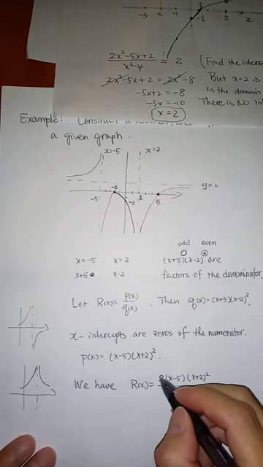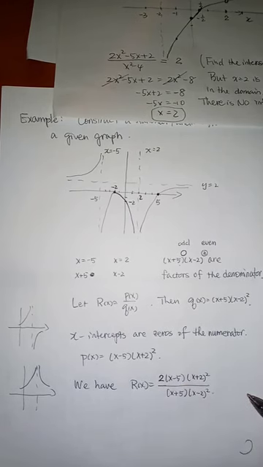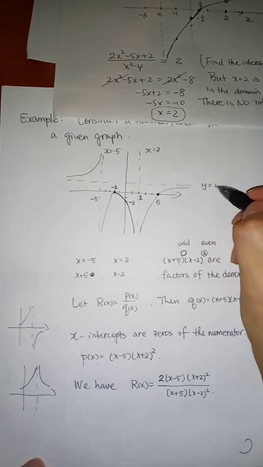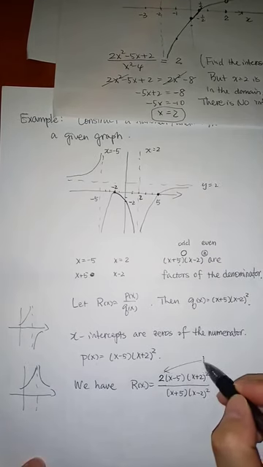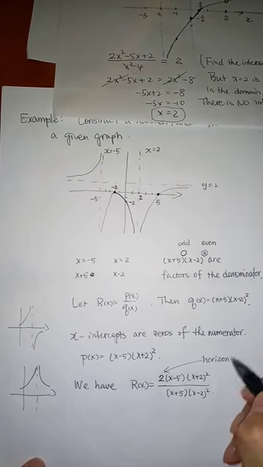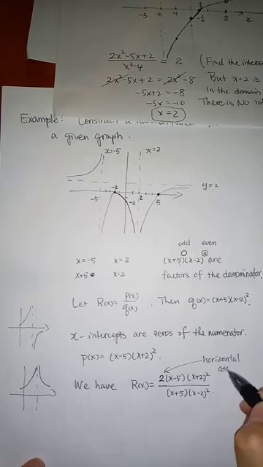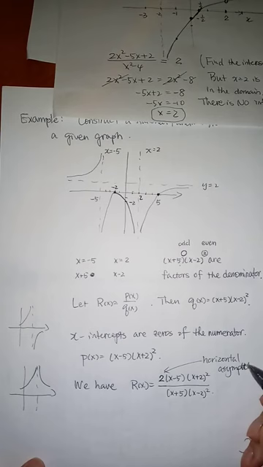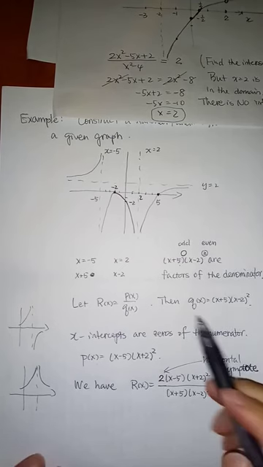This 2 comes from the horizontal asymptote.